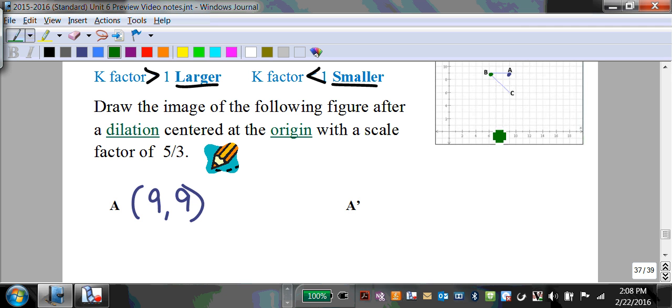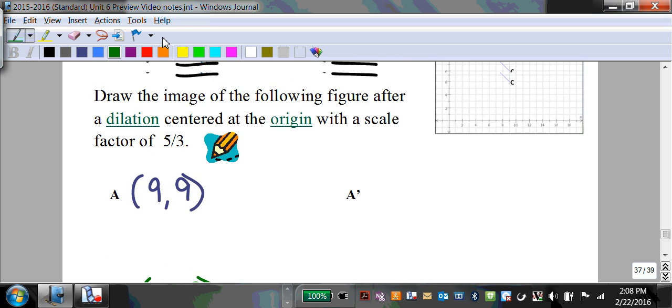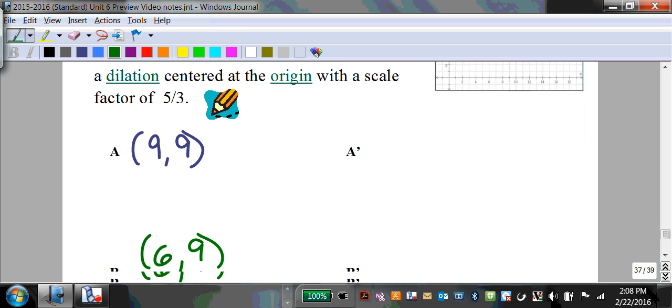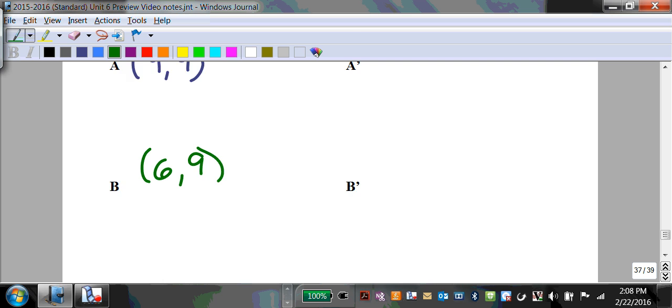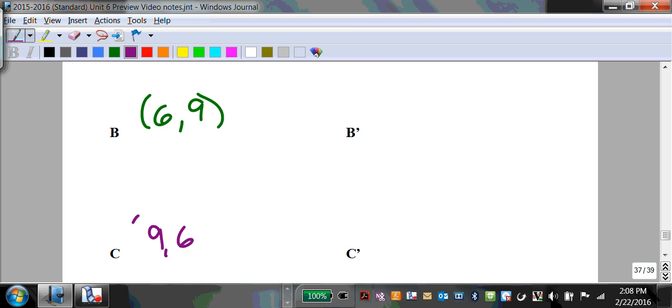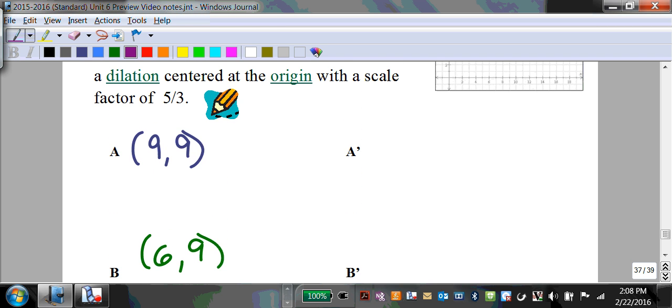And then B. And we're going to dilate by 5/3. 5/3 is bigger than 1, so right off the bat, we know we're going to end up with a larger image.